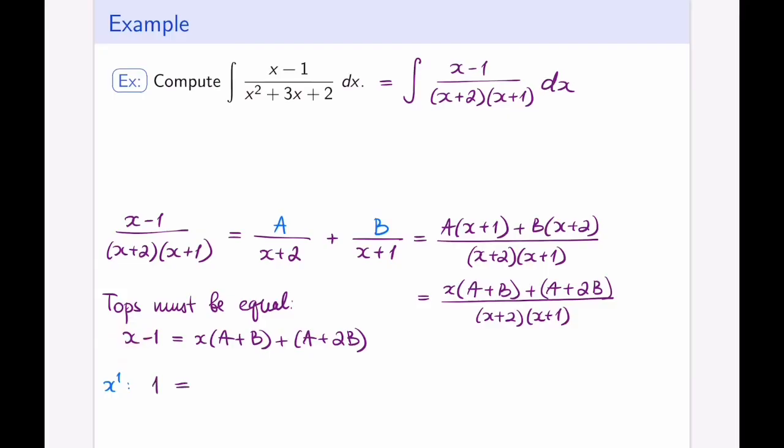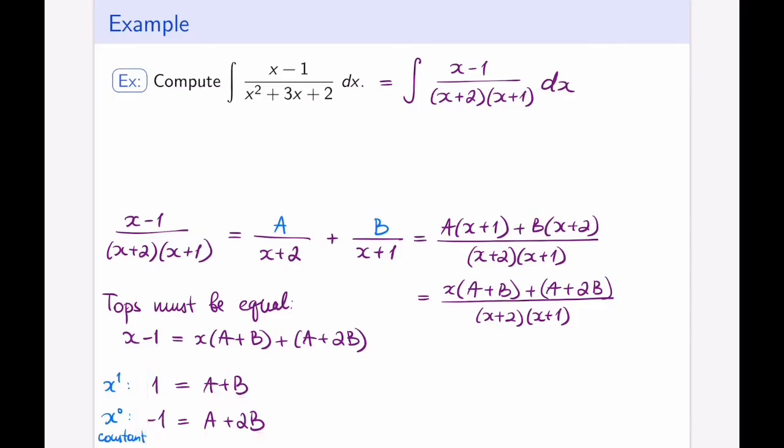And on the right, the x term is this one right here, and the coefficient in front of it is a plus b. If I compare x to power 0, or constants, what I get on the left is, of course, negative 1. And what I get on the right is the portion that has no x in it, so a plus 2b. And as before, I end up with 2 equations and 2 unknowns.